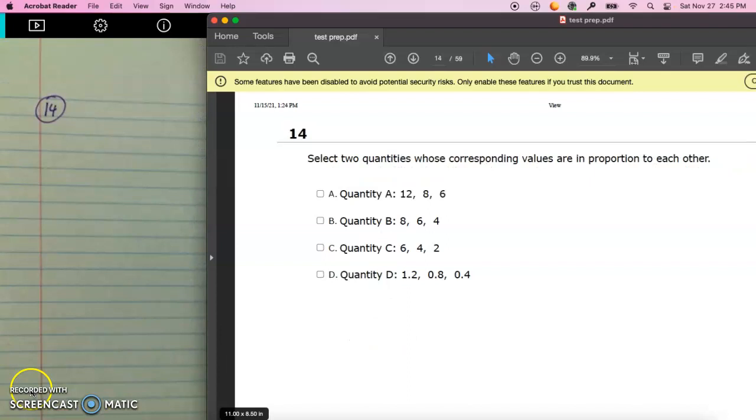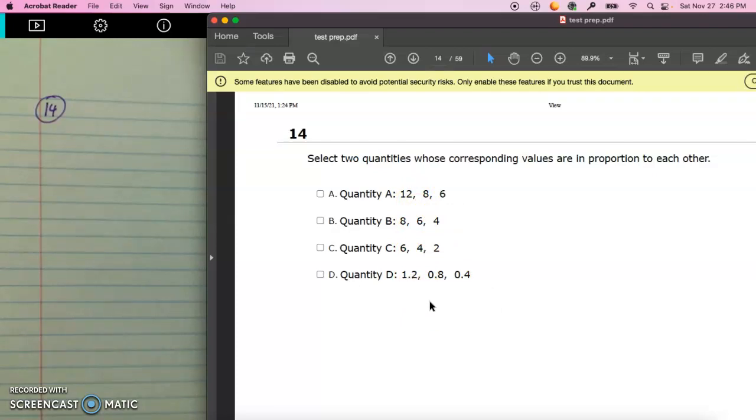Number 14, ready to go. Select two quantities whose corresponding values are in proportion to each other. This one's fun because we're trying to see which ones are proportional, and that can be a little bit tricky to do.